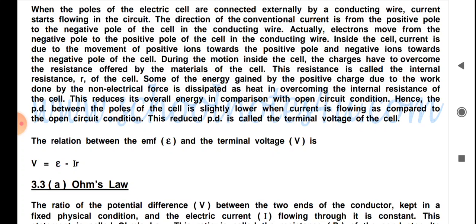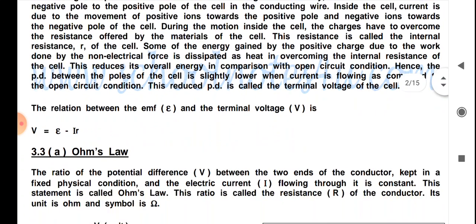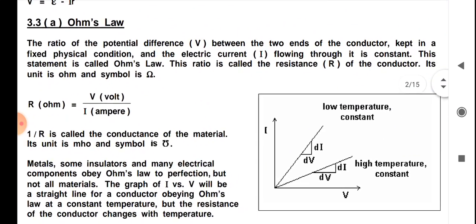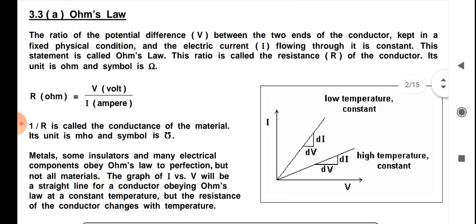The relation between the EMF epsilon and the terminal voltage V is V equals epsilon minus Ir. Now we are going to talk about Ohm's law. You have read in your 10th standard about Ohm's law.